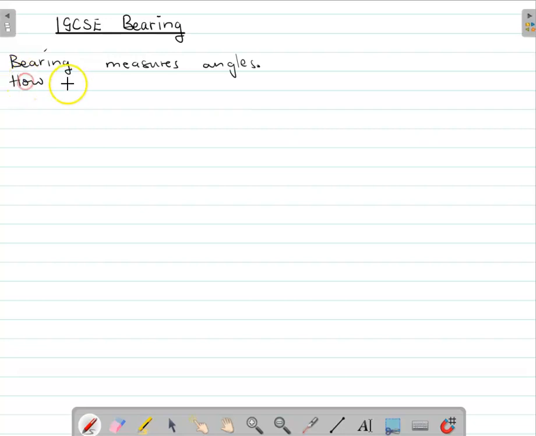So you are measuring how much turn about a point from north is made in a clockwise manner.